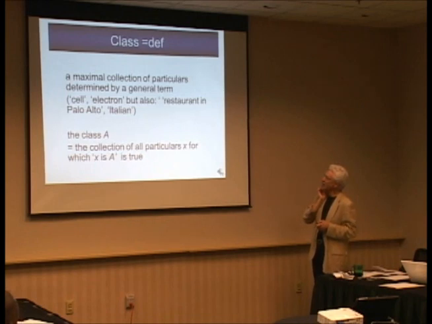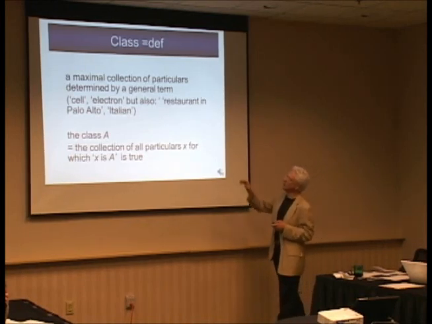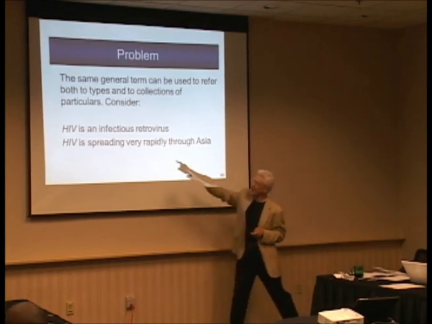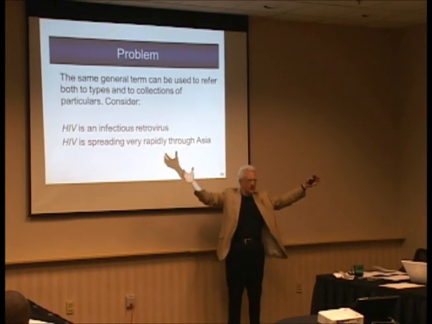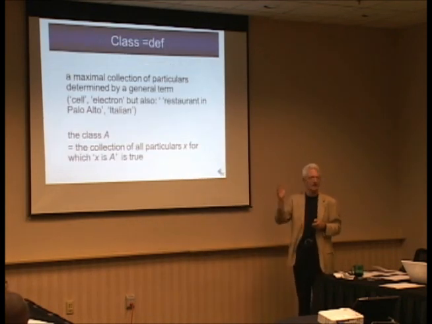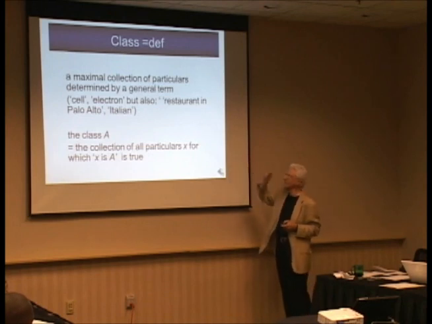Now, we're coming to some OWL-relevant ideas more generally. So we're going to use the word class to mean one of these large collections. So HIV, considered as a large collection of instances of a certain virus, is a class in this terminology.